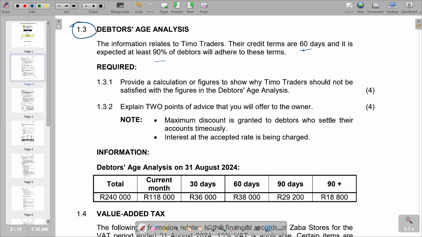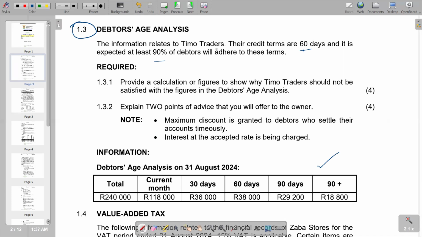So we are given the required part, which reads: provide a calculation of figures to show why Timor Traders should not be satisfied with the figures in the debtors' age analysis. So we are going to refer to the debtors' age analysis that we are given here, and we refer back to what is required according to the business.